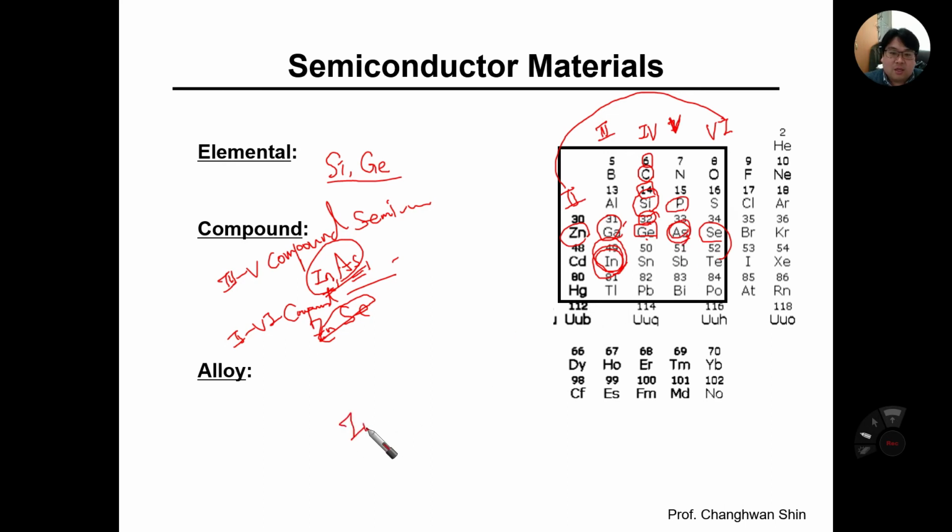Then indium, gallium, arsenide, phosphorus. And the mixing ratio is, say, X% of indium, then gallium is 1 minus X, and arsenide is Y, then phosphorus is 1 minus Y. Okay, so these four different atoms are mixed together to build up a single alloy semiconductor material.